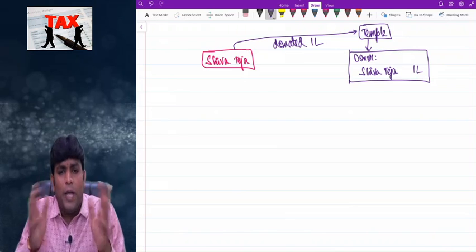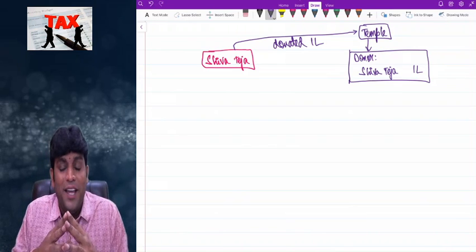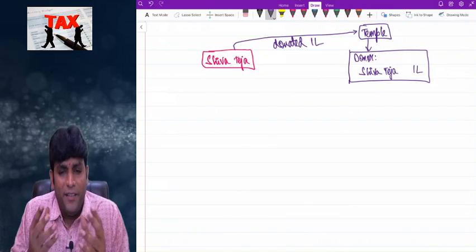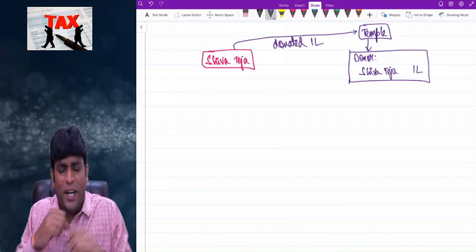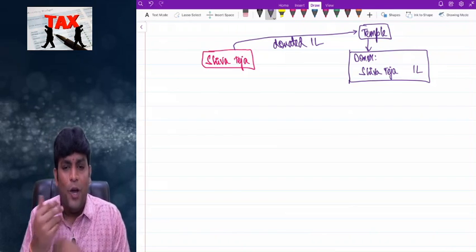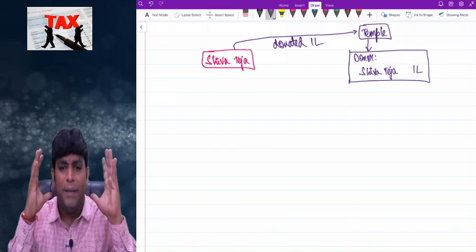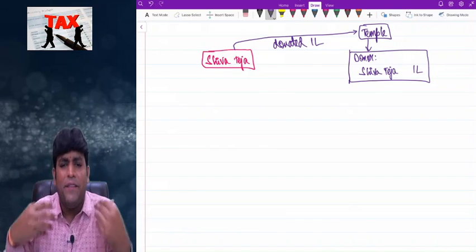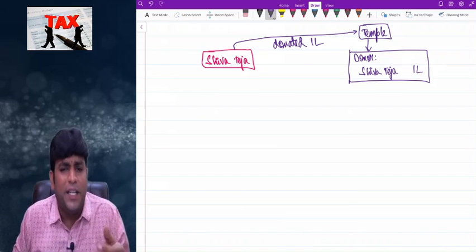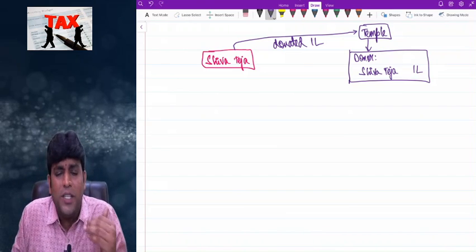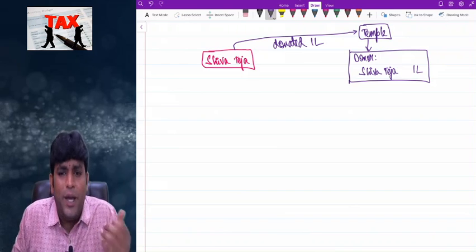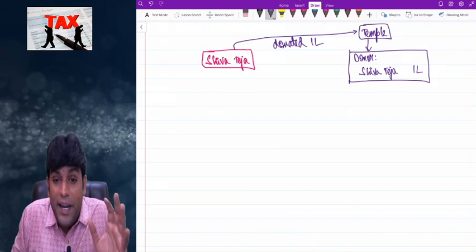Friends, when we talk about IPL going on, very actively going on, all the players who are playing in IPL, they obviously have on the shirt, on the trouser, on the cap, on the helmet, on the front side, back side, everywhere, logos of different companies. Why? Because all those companies have given money to IPL. They have all sponsored IPL.